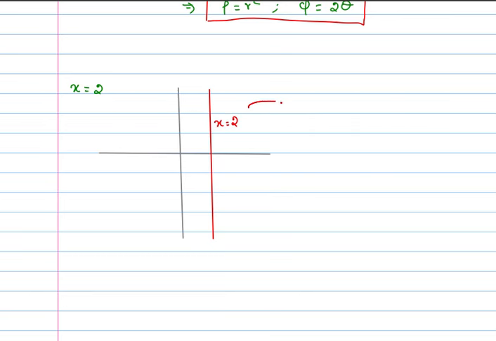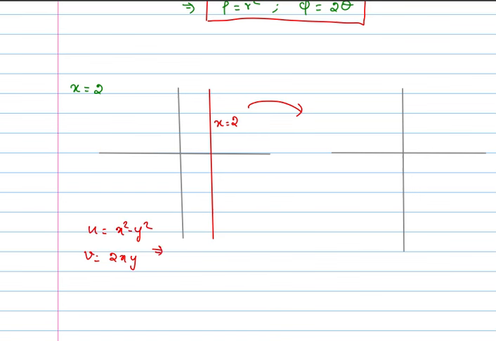How is it mapped in the W plane? This is the V axis, this is the U axis. I want to check how the mapping will be. First I write u equal to x square minus y square, v equal to 2 times xy.